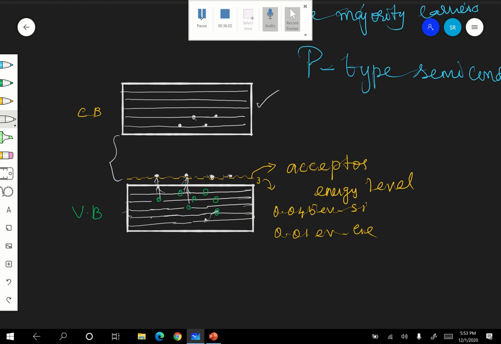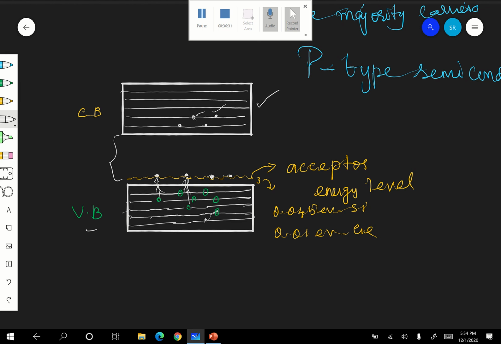Only some electrons may jump, which is why they are available there. Apart from that, electrons from the lowermost energy level of the valence band can readily go to the acceptor energy level, thereby forming holes. In a p-type semiconductor, the acceptor energy level is created just above the valence band, helping electrons from the valence band jump into that level, thereby creating so many holes in the valence band.